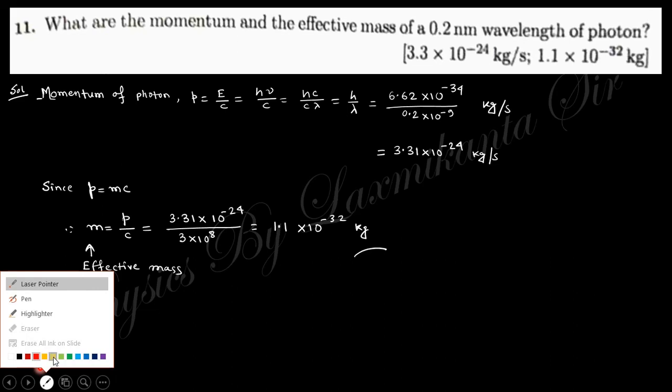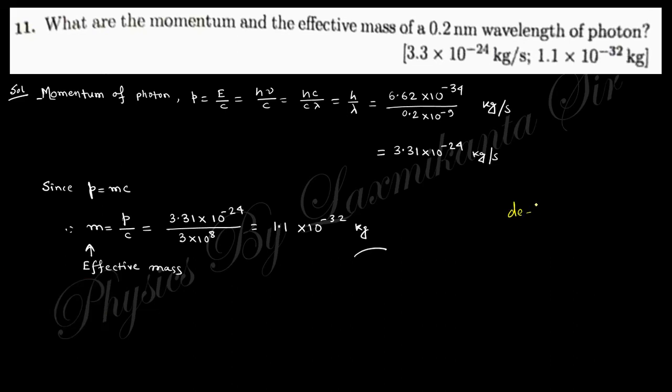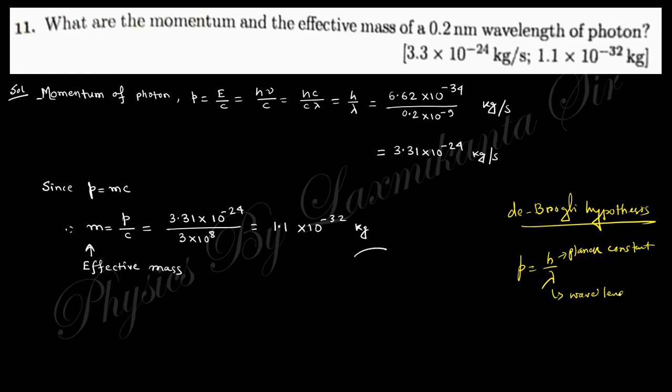The de Broglie hypothesis says that P equals h by lambda. h is the Planck constant, lambda is the wavelength, and P is the linear momentum, right?